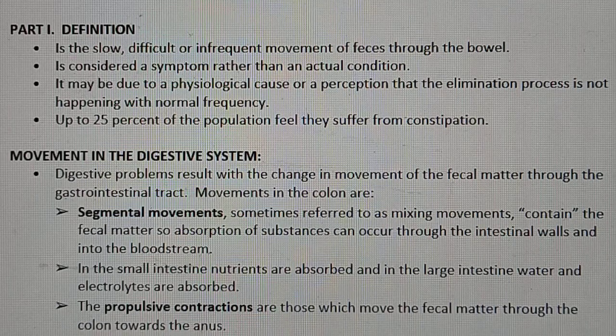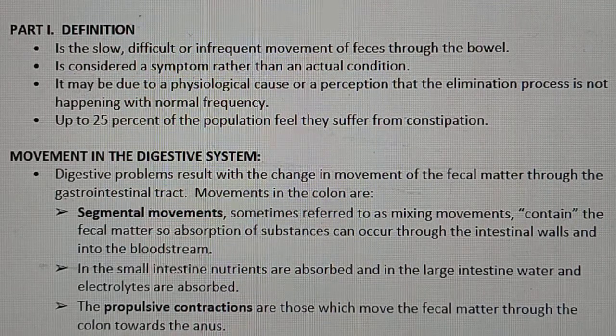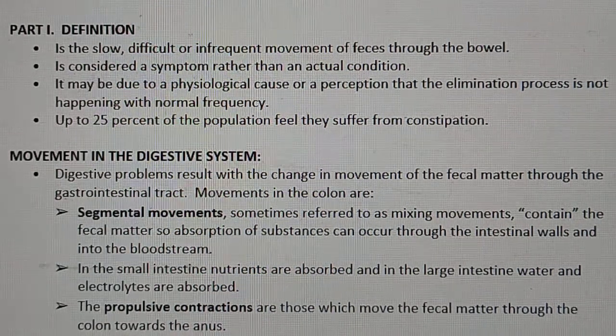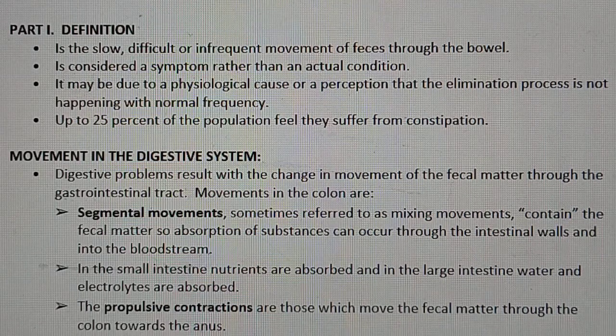Movements in the colon are segmental movements, sometimes referred to as mixing movements, that contain the fecal matter so absorption of substances can occur through the intestinal walls and into the bloodstream. Okay, segmental movements. Now, in the small intestine, nutrients are absorbed, and in the large intestine, water and electrolytes are absorbed.